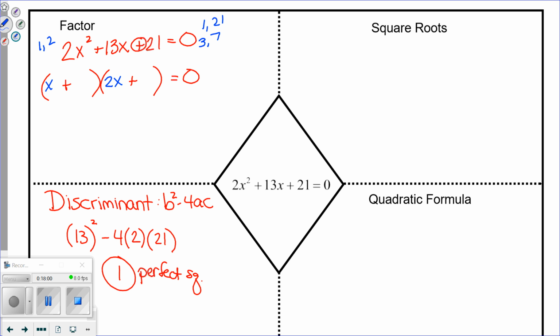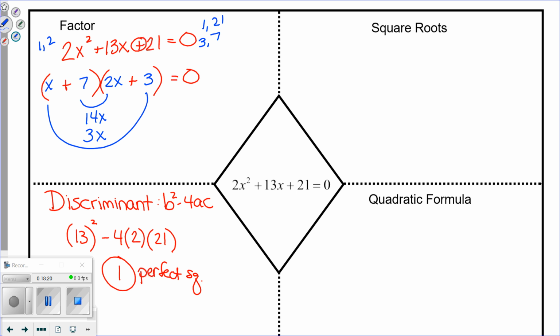Do you want to go 1 and 21 or 3 and 7? In that order, 3 and 7? 7, 3? I heard it doesn't matter. Well, let's check. Does it matter? It does matter. If I check this, I get 14x and 3x. Will that make 13x?